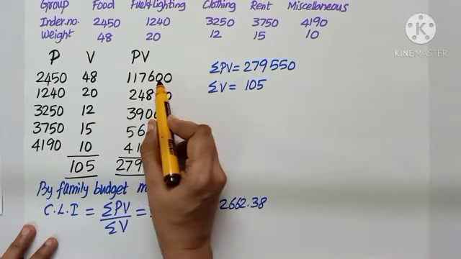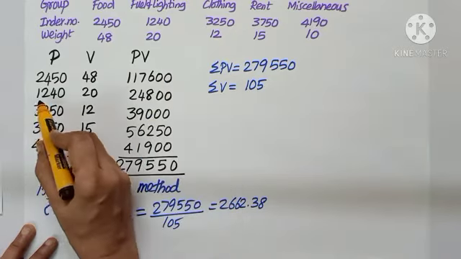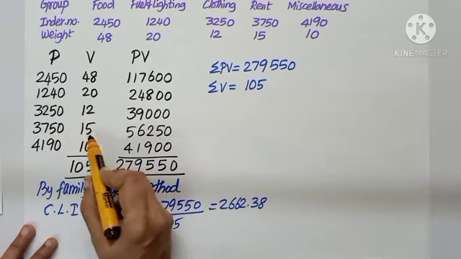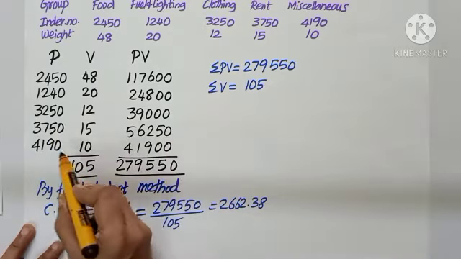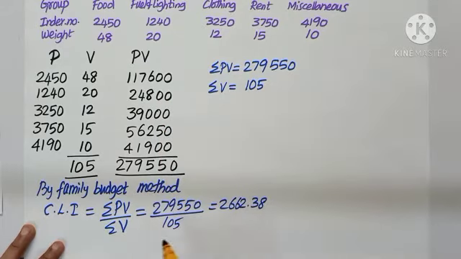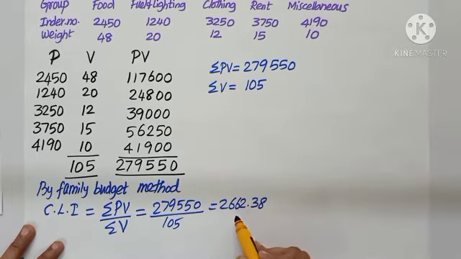PV, just multiply 2450 into 48, 1240 into 20, 3250 into 12, 3750 into 15, 4190 into 10. Get the total, substitute in the formula. Sigma PV by sigma V just gives us the answer 2662.38.